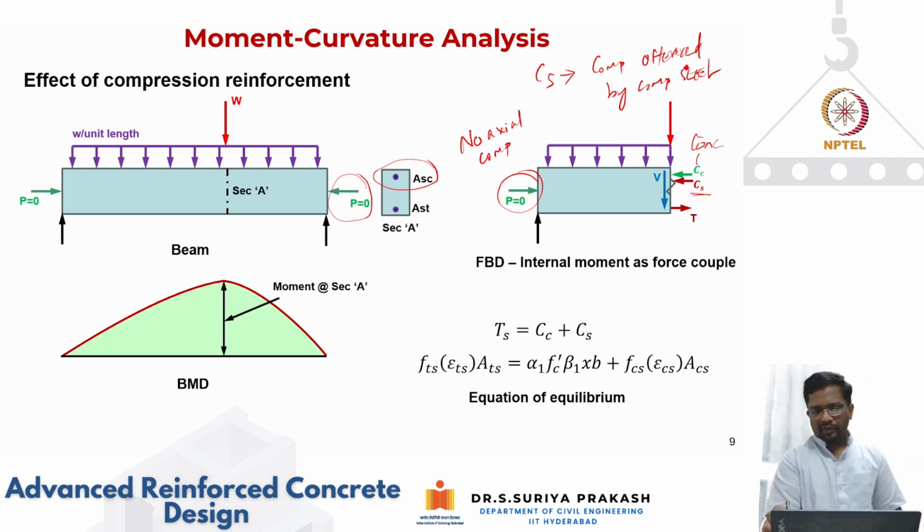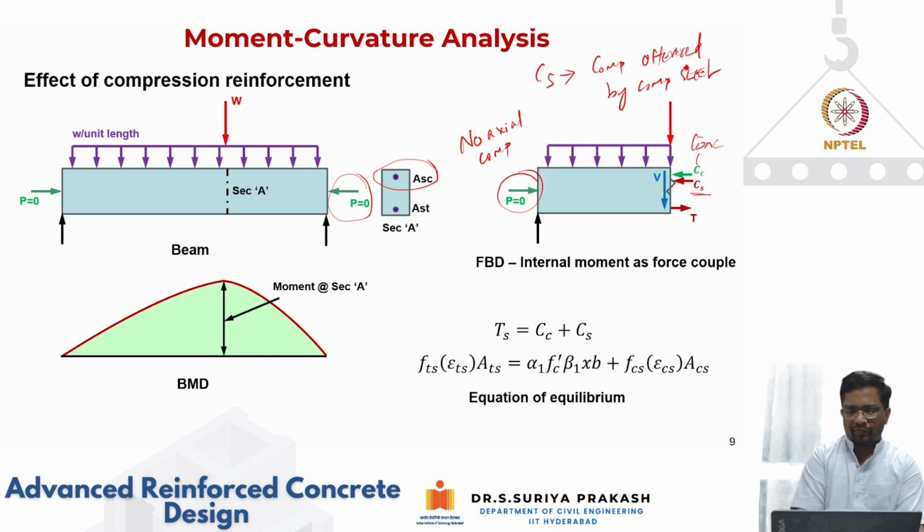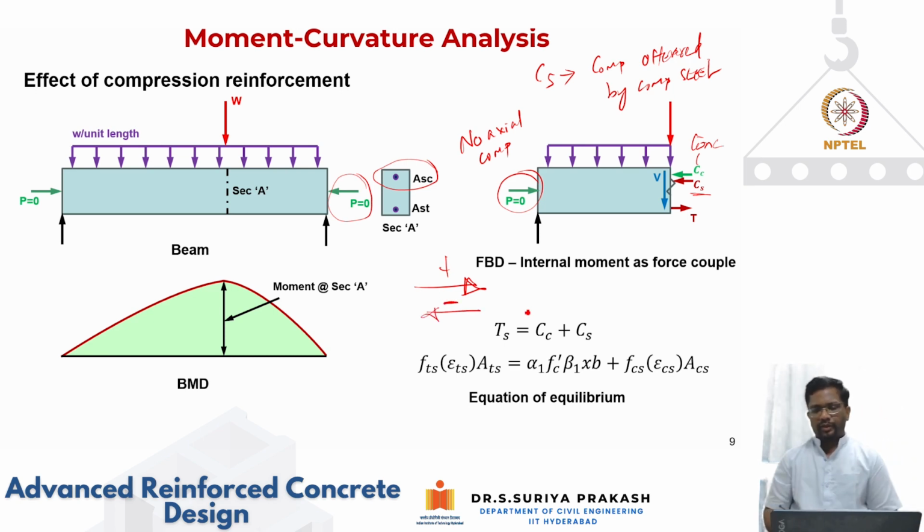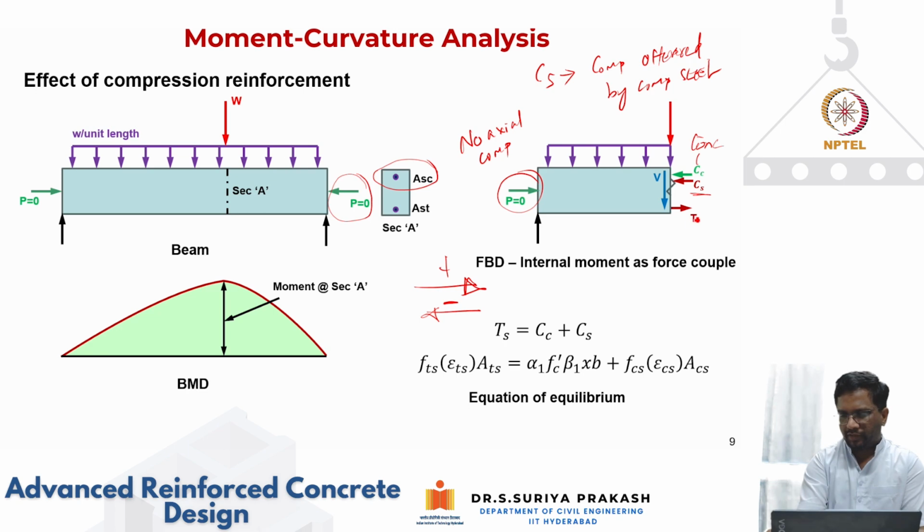Now, if you look at this equilibrium diagram, if you draw the forces as left to right positive, or right to left negative, then what is your force equilibrium? This is your TS, tension force. If I'm taking that as positive, TS minus CC minus CS should be equal to 0, or in other words, TS should be equal to CC plus CS.